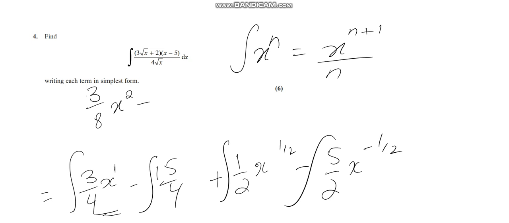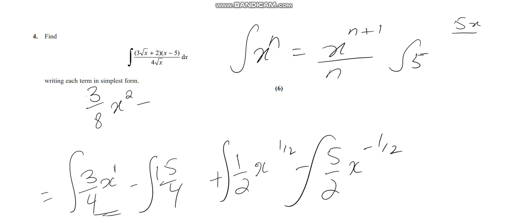Moving on to this 15 upon 4. Most students get confused with the constants. The constants are the easiest to deal with. If I have a number 5 and I'm supposed to integrate it, it is the antiderivative of the derivative of 5x.